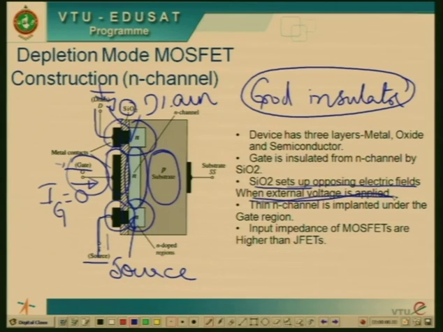Another aspect is that since silicon dioxide is used to insulate the gate from the action of the device, the input impedance of the MOSFET is higher than that of the JFETs. So, this N channel is permanently existing, and obviously the operation of this particular device can be understood by considering various potentials applied between gate and source and drain and source.